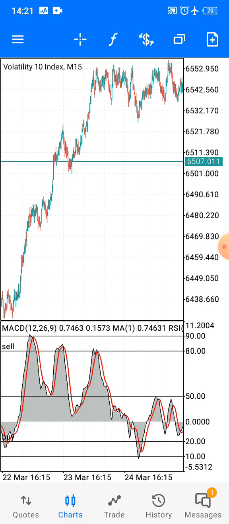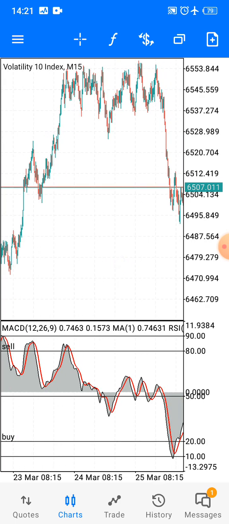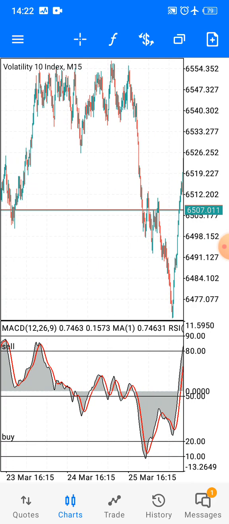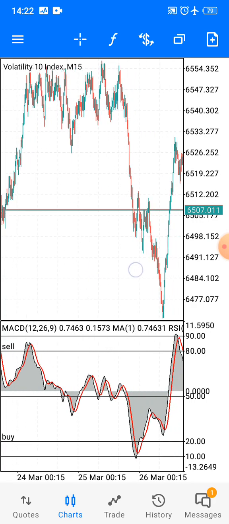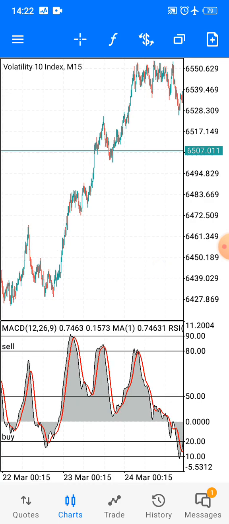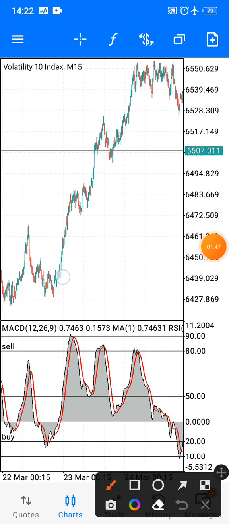The first principle that I'm going to share with you is that the market doesn't reverse without forming a peak. What do I mean by that? Let's say the market is in an uptrend, like this. Let's take for example this peak over here.